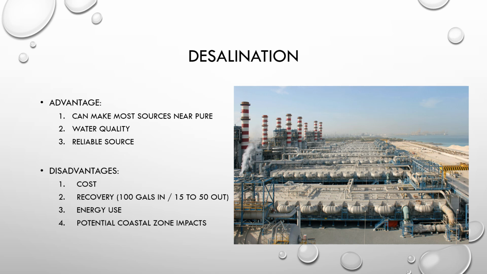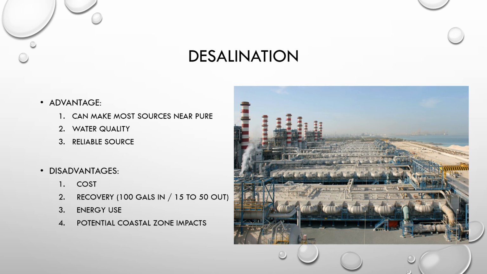However, the disadvantages are just as important to consider. Obviously, the cost of that water is going to be very expensive versus conventional methods. Then there's the recovery: if you were to take in 100 gallons, you're only going to be able to get 15 to 50 gallons of output.